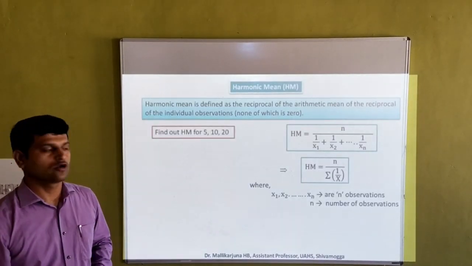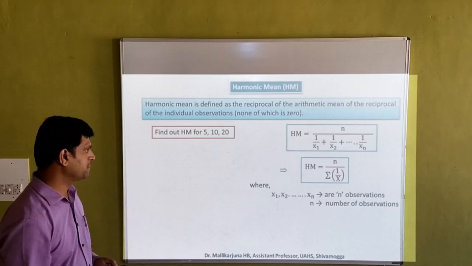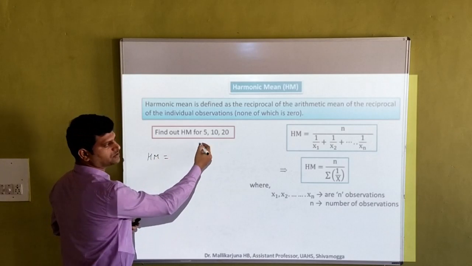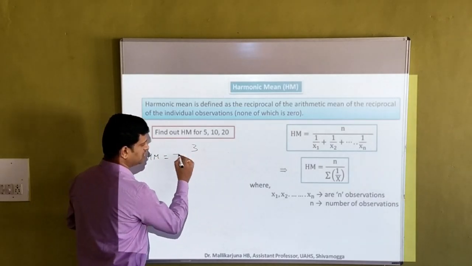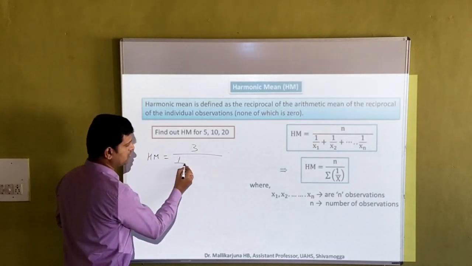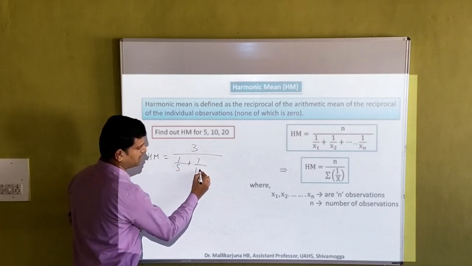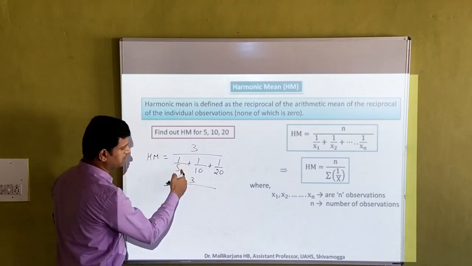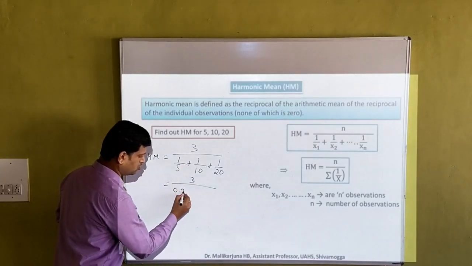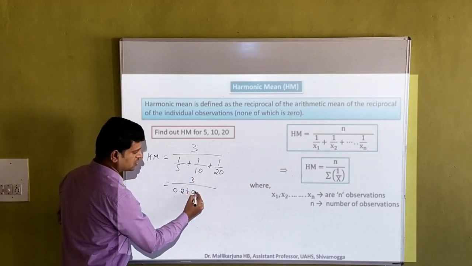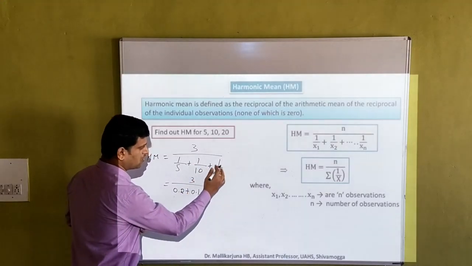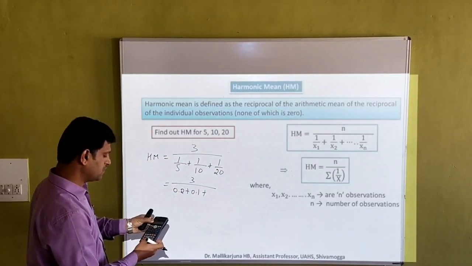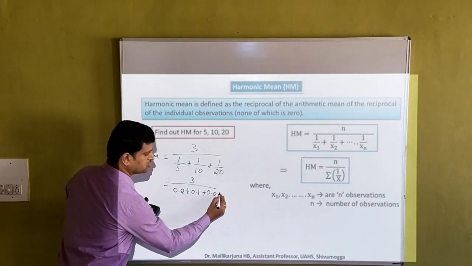Find the harmonic mean for 5, 10, 20. Here there are 3 observations. Same example I am taking. HM is equal to 3, instead of n we write 3 observations, divided by 1 by 5 plus 1 by 10 plus 1 by 20. 1 by 5 is 0.2, 1 by 10 is 0.1, and 1 by 20 is 0.05.